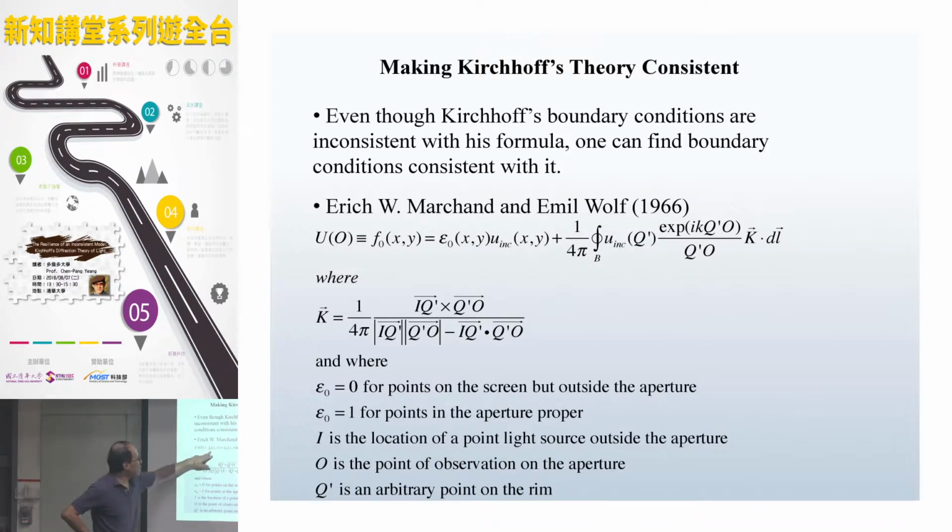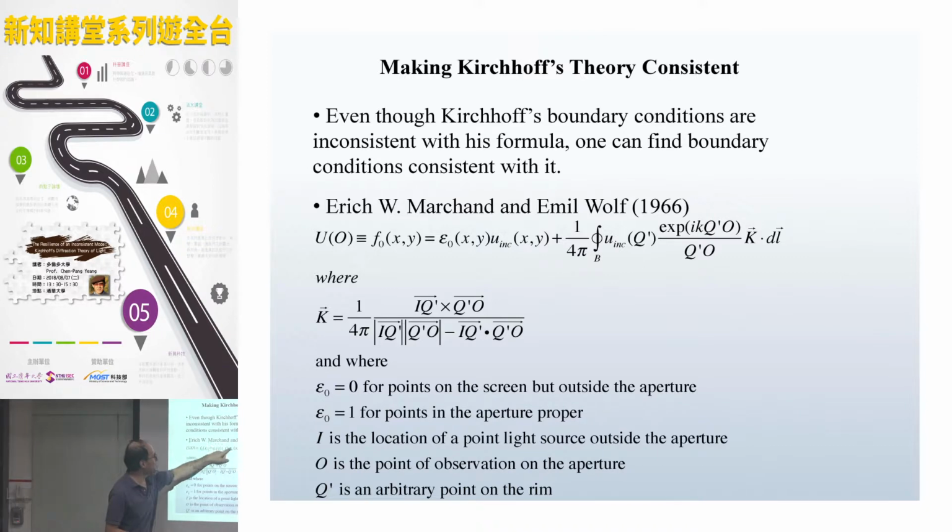In this boundary condition, what happens on the surface, like the aperture and the screen, is more complicated than what Kirchhoff specified. You can say that this epsilon is kind of a delta function. So you may say that this is identical to Kirchhoff's boundary condition. Let's say if xy is outside the shadow region, in the aperture, then this is the incident field.